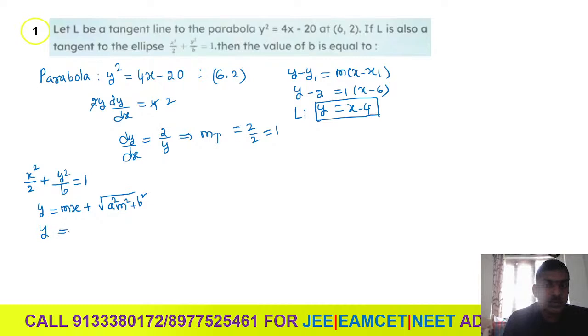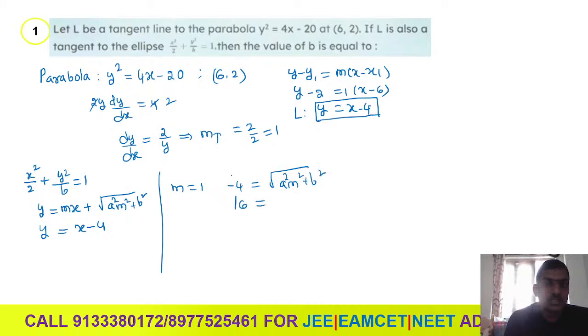We got y equals x minus 4, so by comparison m equals 1 and minus 4 equals under root of a square m square plus b square.